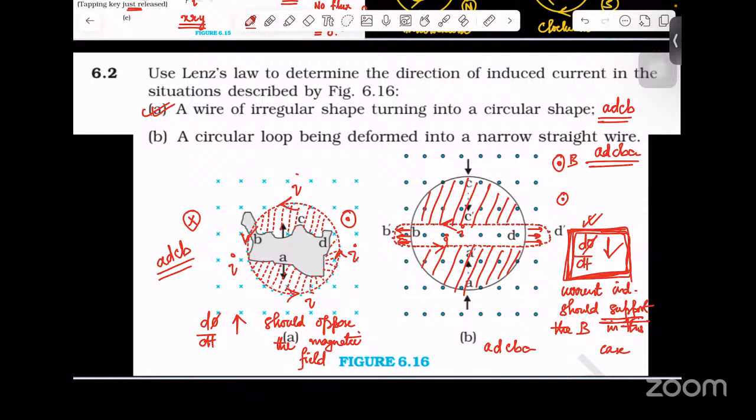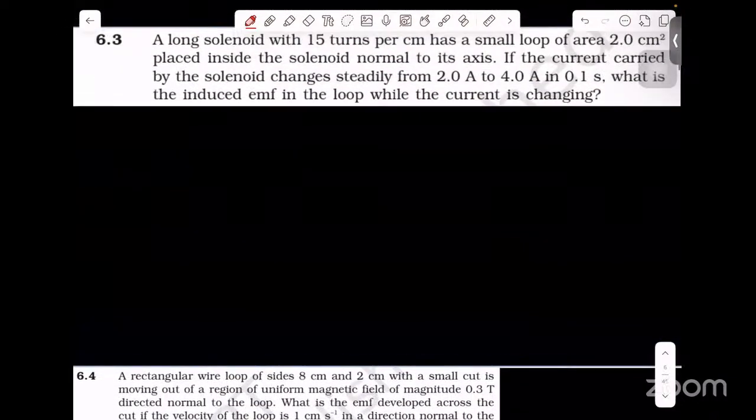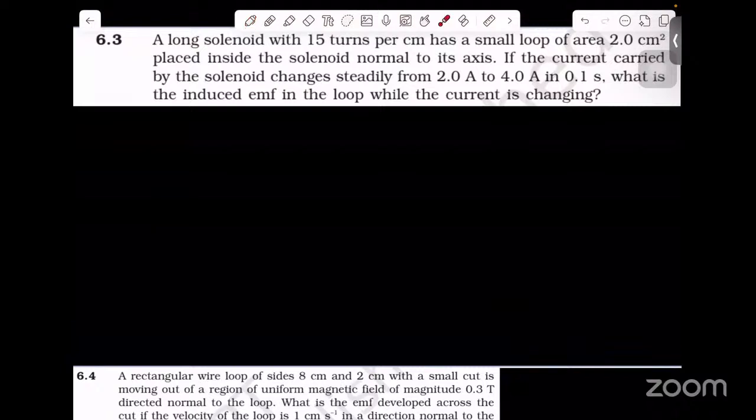Then let's move on to our next question. Okay, so this is our next question over here. Okay, so let's read out the question first.